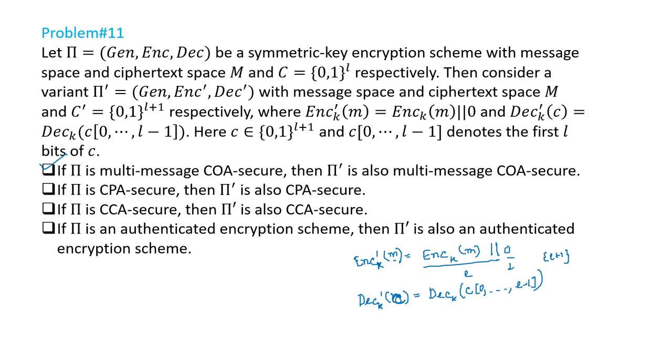And as you can see, in the query phase to the encryption oracle, the amount of information learned by an adversary in the game for pi dash is exactly equivalent to the game for pi. So if it is possible to differentiate with non-negligible probability between encryptions of m0 and m1 in the modified game for pi dash, then it is of course possible to distinguish in the game of pi as well. But pi is already known to be CPA secure, so pi dash has to be CPA secure as well. So this is also true.